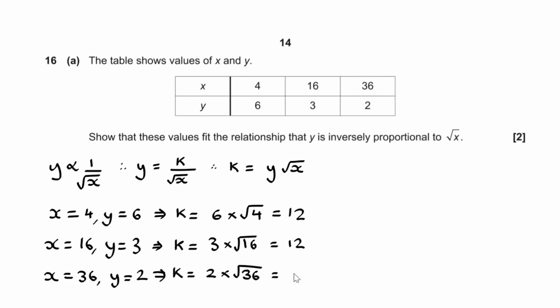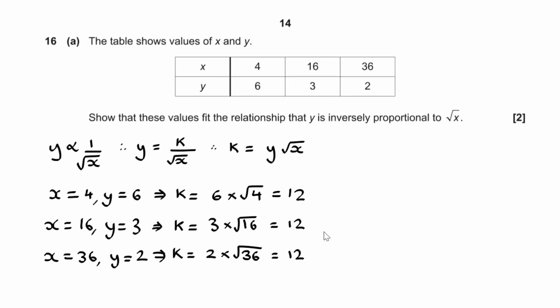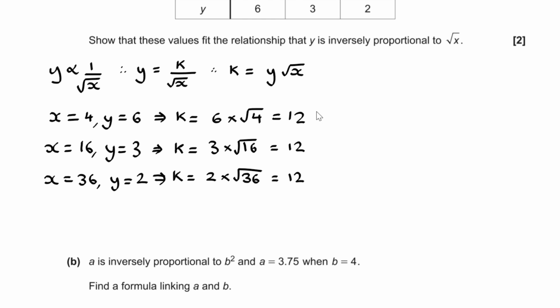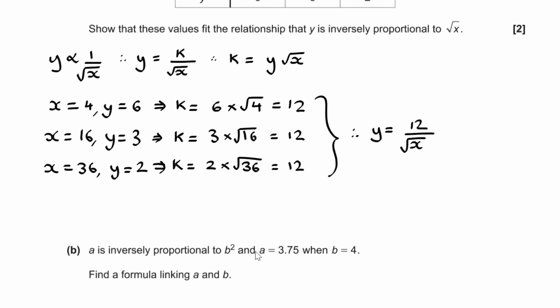So we've got 2 times by 6, which is 12. And therefore what we can see then is from here, y is equal to 12 over square root of x.